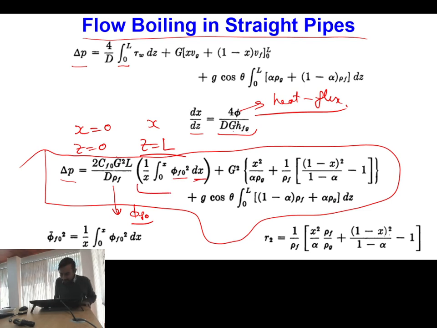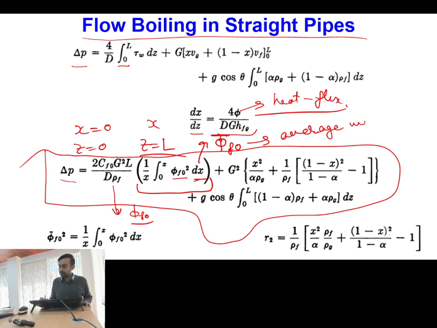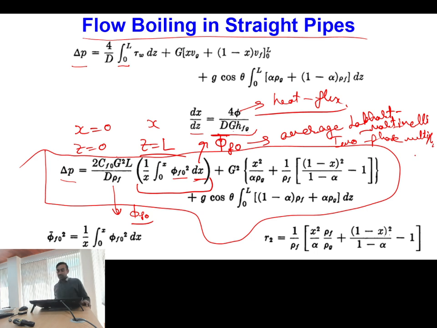This entire term is called phi bar FO, the average Lockhart-Martinelli two-phase multiplier.